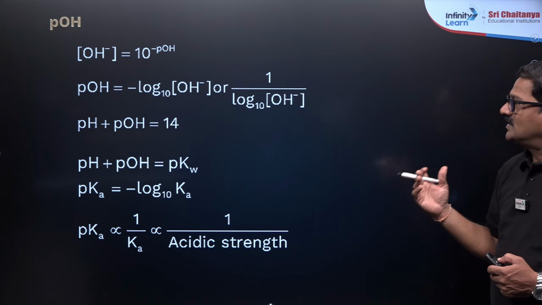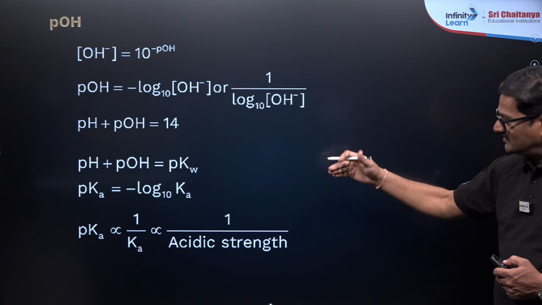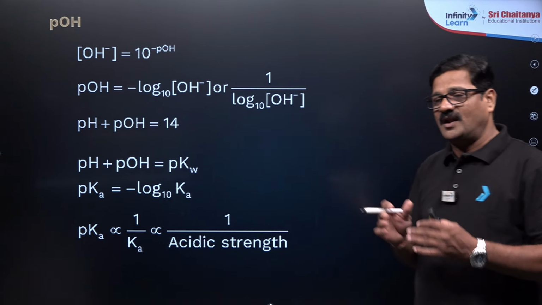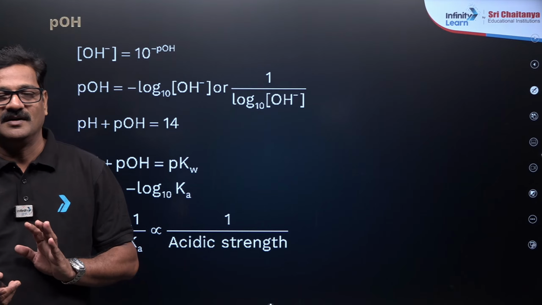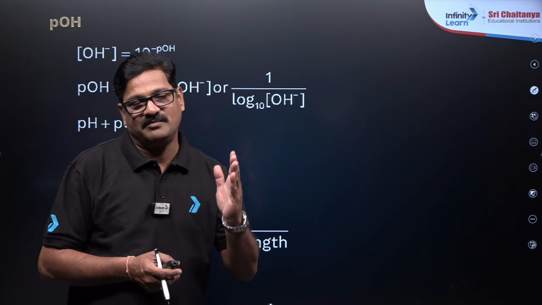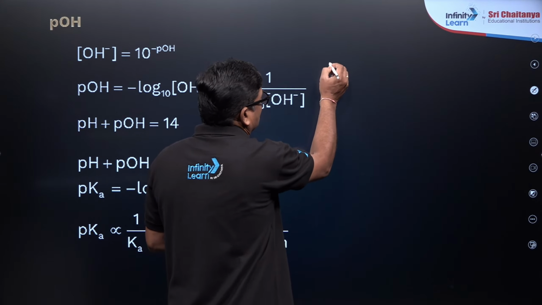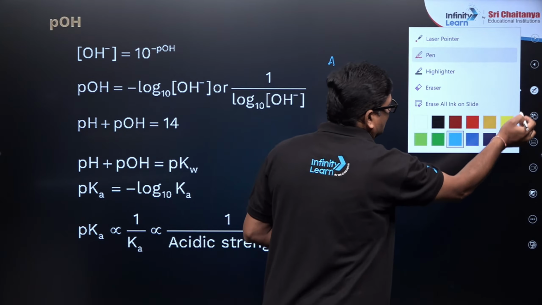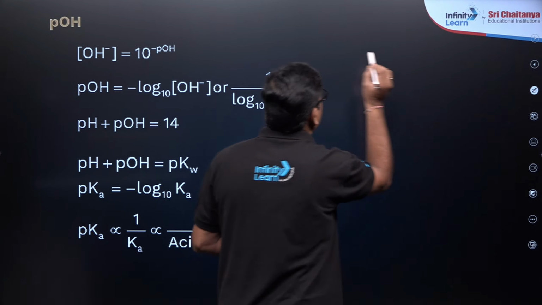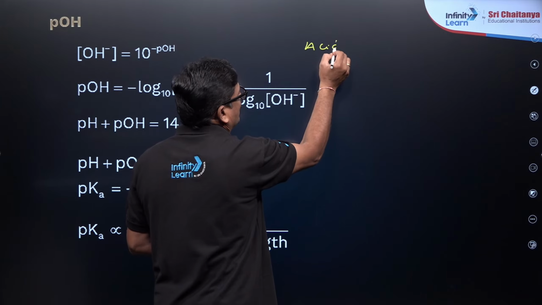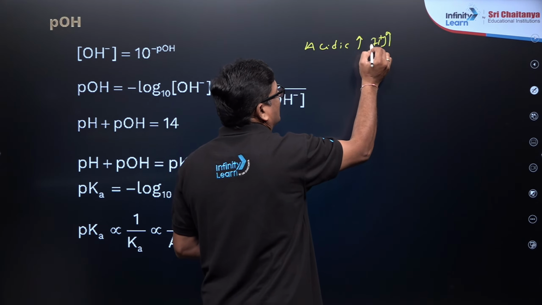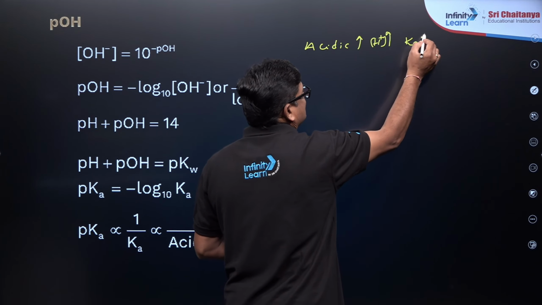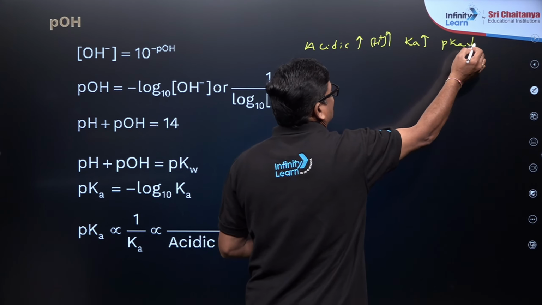Now, my dear children, here you can calculate pOH and pH in this way. For any acid, you will have a Ka value. For a base, you will have a Kb value. If the acidic strength increases, the H plus ion concentration increases, its Ka value increases, and the pKa value decreases.